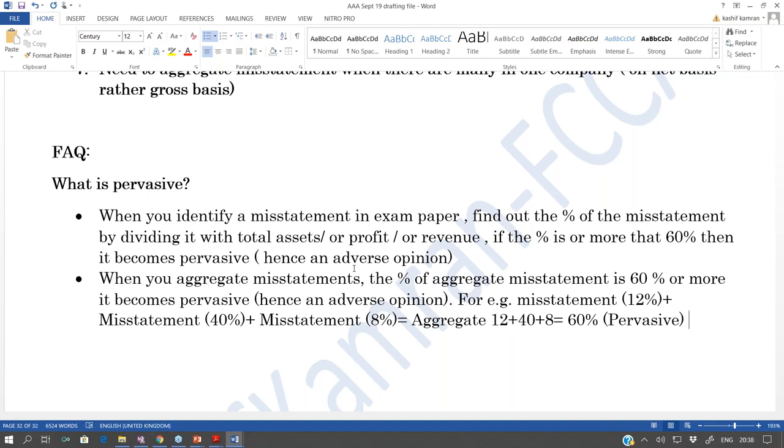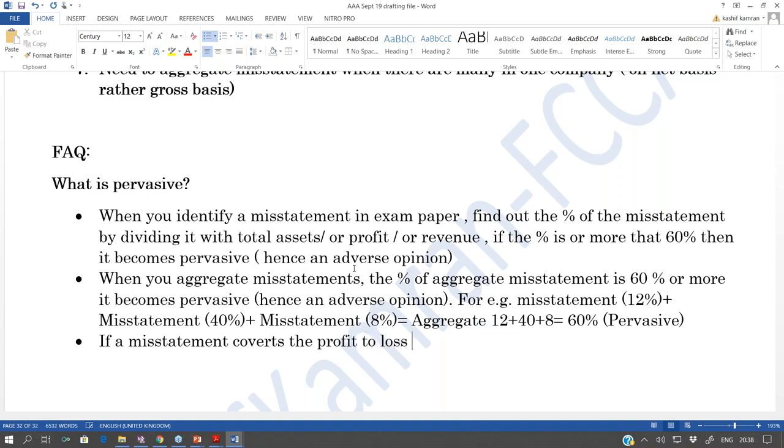Is everyone getting this? So can a misstatement be pervasive on an individual basis? Yes. Can a misstatement be pervasive on an aggregate basis? Yes. Is everyone getting this first and second bullet? It might be on the P&L and it might be on the balance sheet, whichever is higher. Next, third: if a misstatement, even though small or big, converts the profit to a loss.